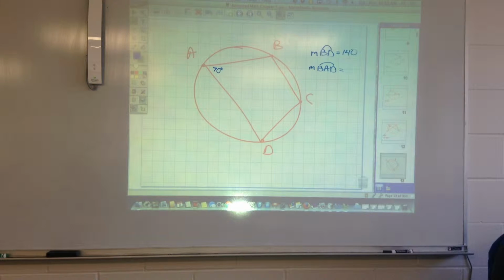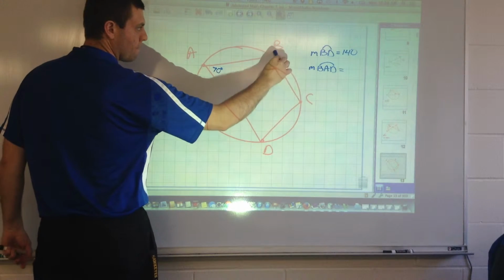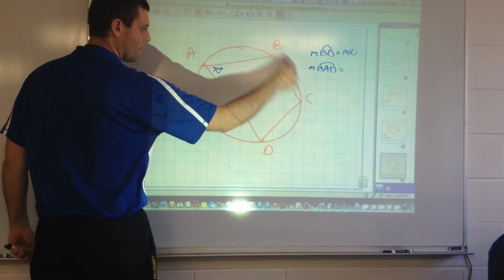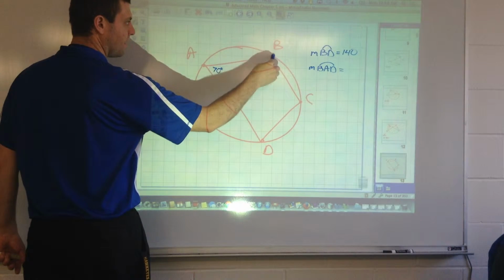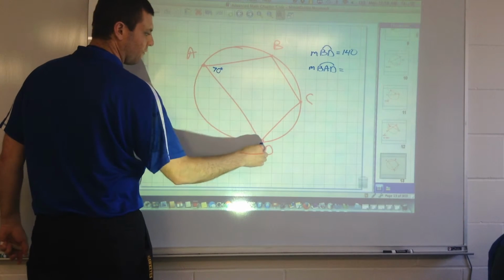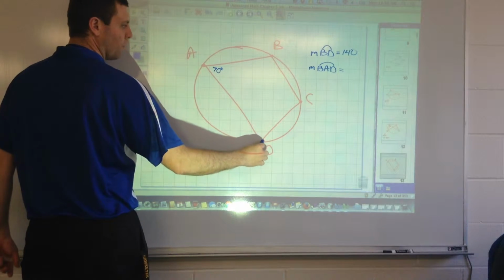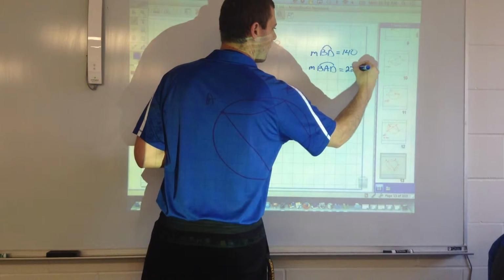How'd you get that? Because you subtract 140, which is what you had of BD, from 360, which is what the whole circle is, and you get 220. Nice. BAD is this part. So if that's 140 and the whole thing has to make 360, take 140 away from 360 and you'll get that 220 number, right?